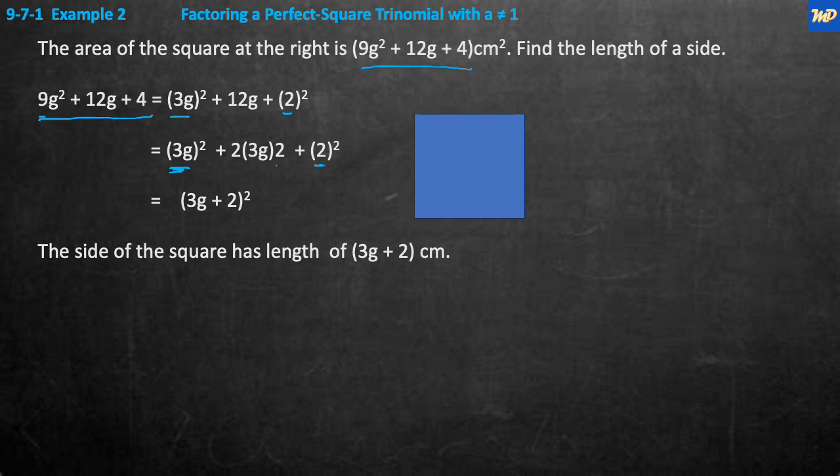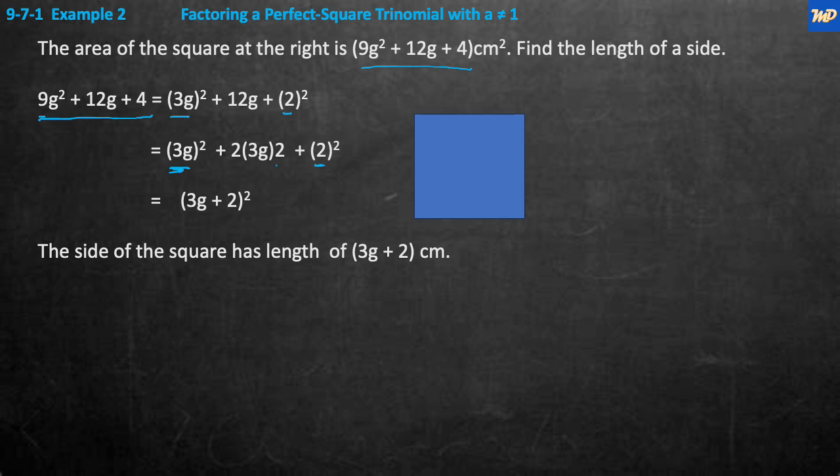So the length of each side of this square, given this trinomial as the area, is 3g plus 2 centimeters.